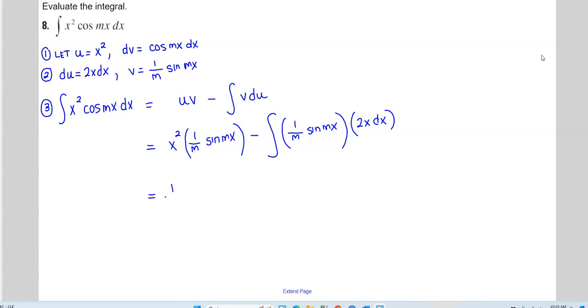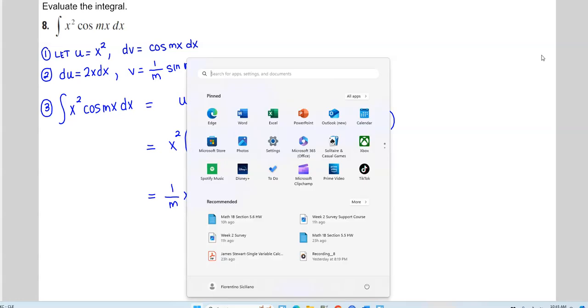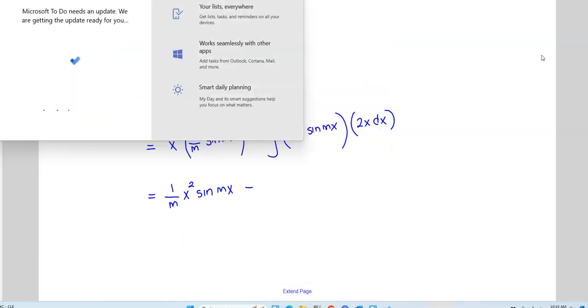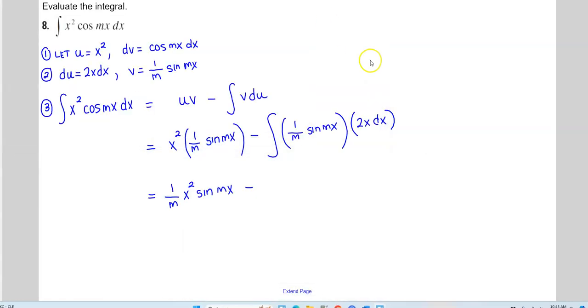So we end up getting 1 over m times x squared times the sine of mx minus, let's go ahead and factor out our constant, so that's going to be minus 2 over m times the integral of x times the sine of mx dx.